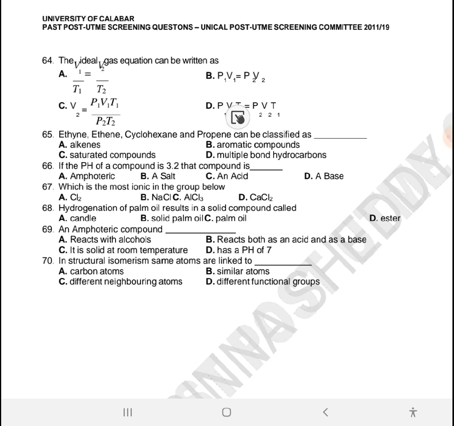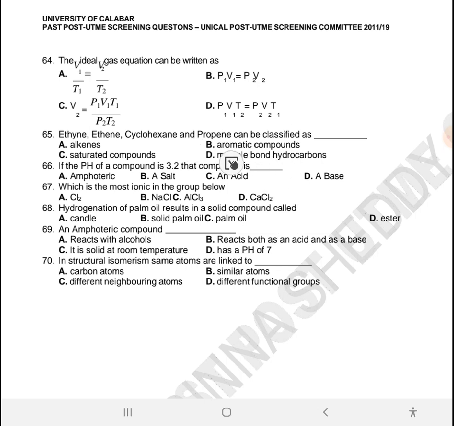It's supposed to be P1V1 over T1 equals P2V2 over T2. So I guess it's option D, but it's not clearly written. 65. Ethane, cyclohexane, and propene can be classified as multiple bond hydrocarbons. All of them here are multiple bond hydrocarbons if you understand the organic chemistry.